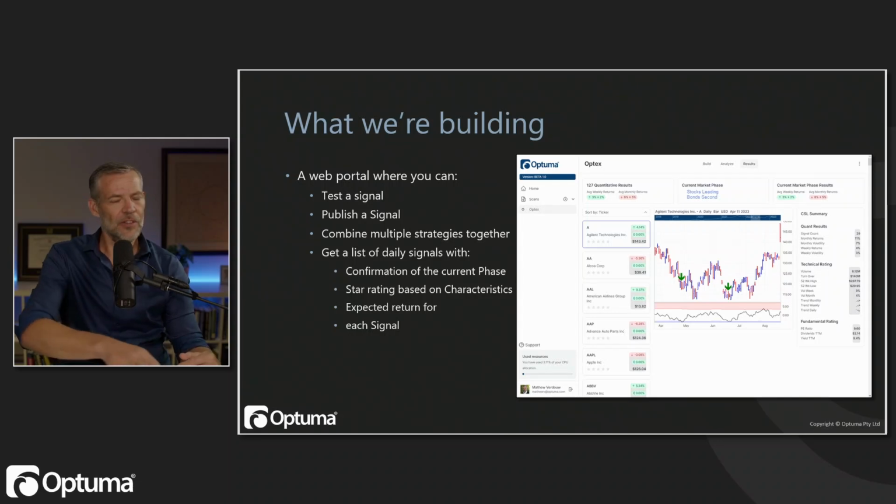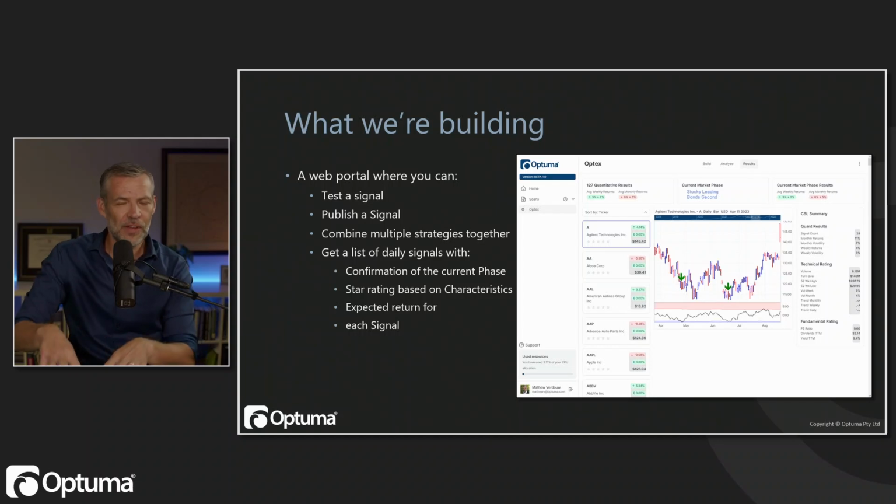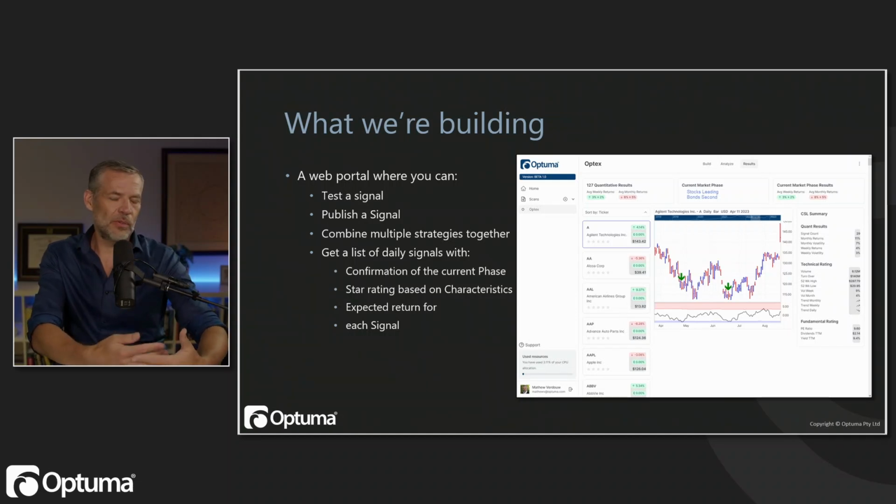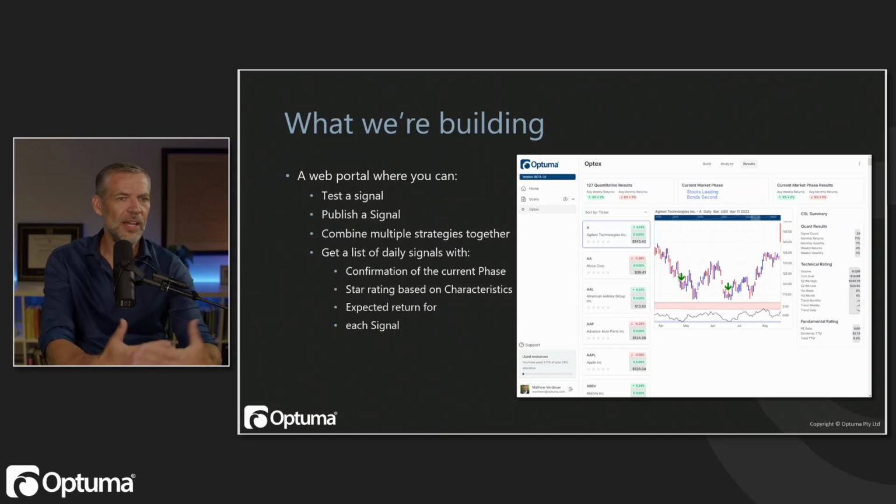And if you're happy with that, you take it into the next phase, which is trade testing, and then into the next phase, which is back testing, and you build the model. But then also this whole idea that you can publish a signal. So maybe you create a signal and you say, hey, I'm really happy with this. I want to publish it. Now, again, we still have to work through all the commercialization of that, how publishers get rewarded and things like that. But that's the model of what we're working towards.